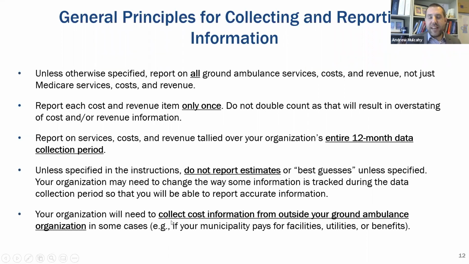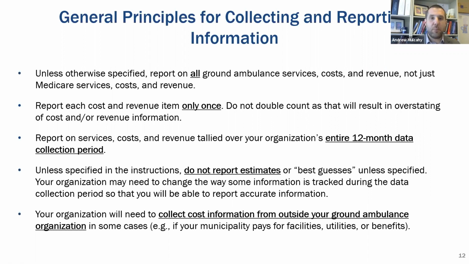We'll cover a little bit of that today. I'll also point you to the frequently asked questions document up on the Ambulance Services website that has some great examples of how to think through certain scenarios. One very common one is a fire department-based ground ambulance organization, and where to think about drawing a line between what expense is related to my ground ambulance operation versus fire.